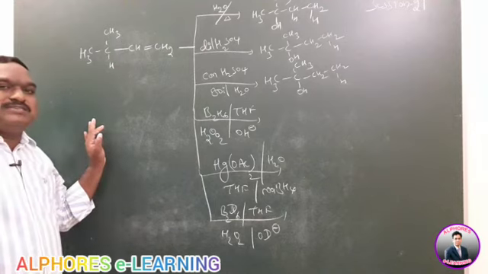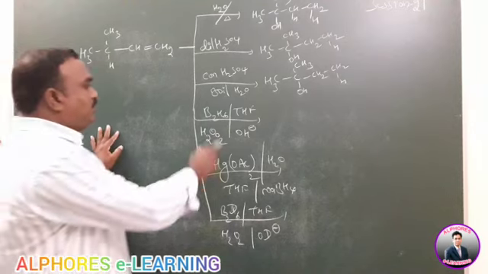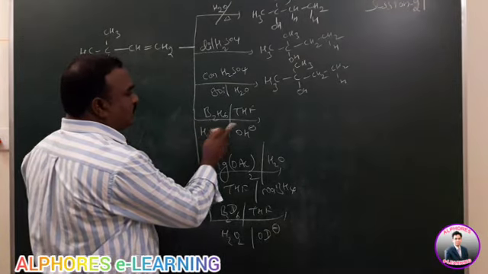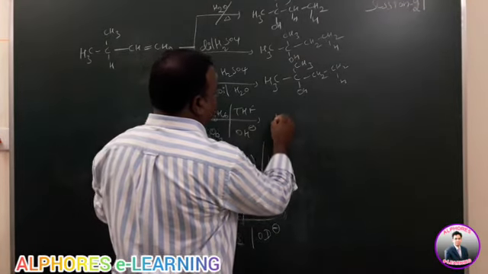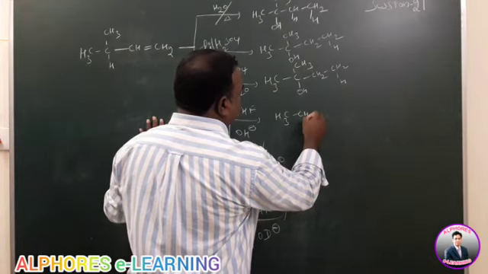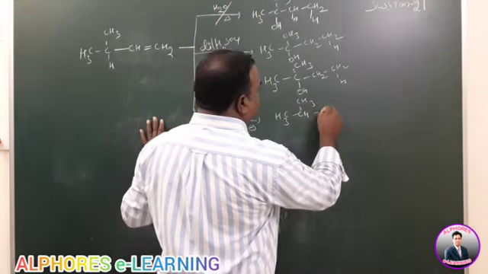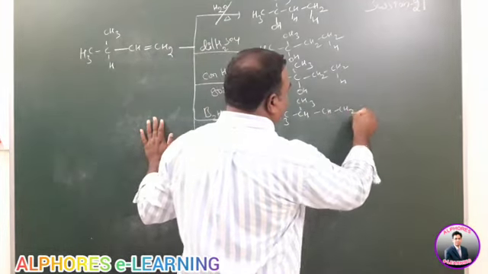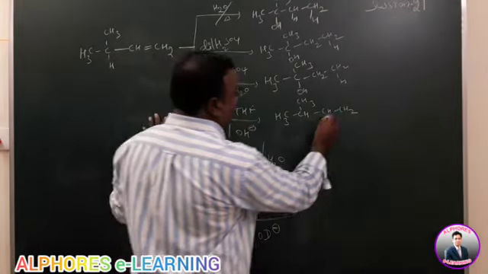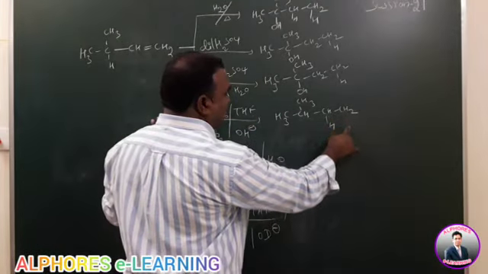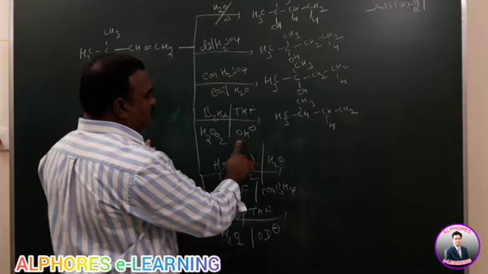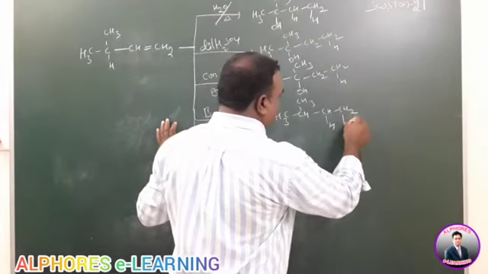Rearrangement is important. Here B2H6 is given, a hydroboration reaction. No rearrangement. Which is the nucleophile in this case? H minus. Here H, and BH2 is added to the first carbon. The BH2 is replaced by OH.